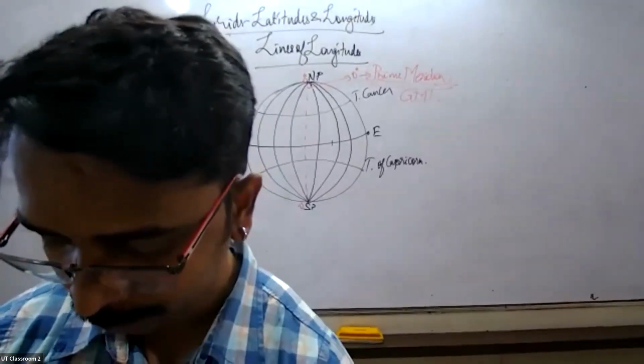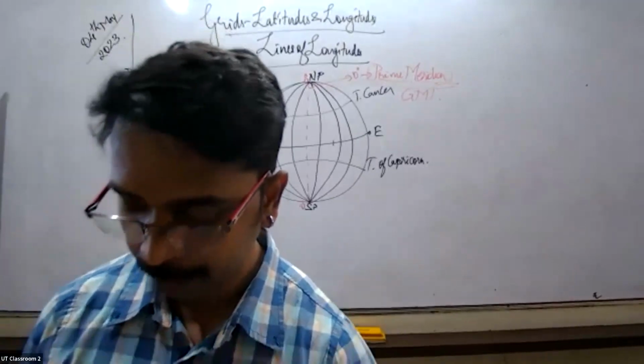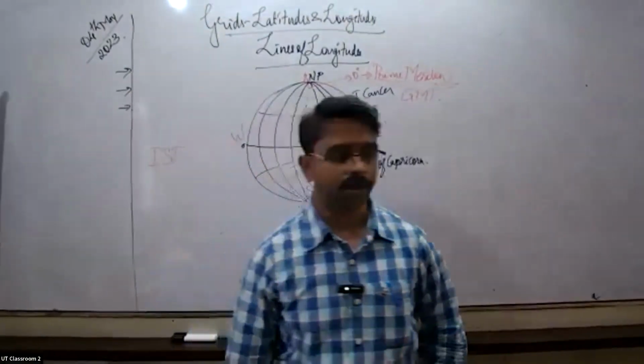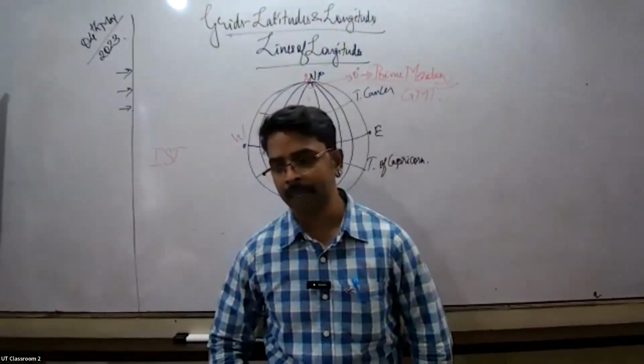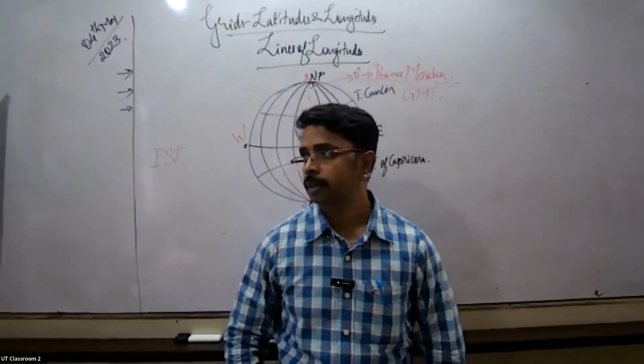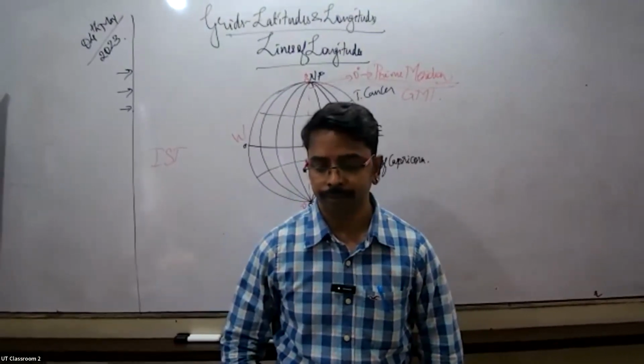Angular distance of a place east or west of the prime meridian. Underline angular distance and underline east or west.